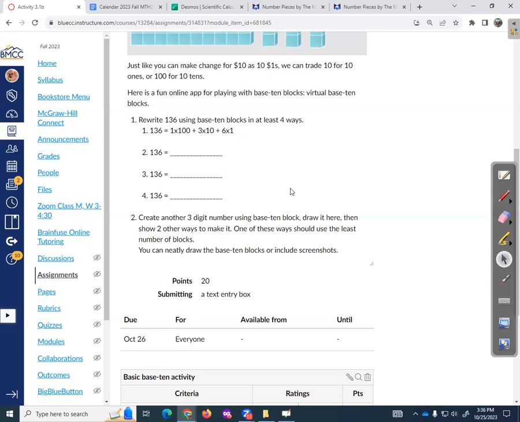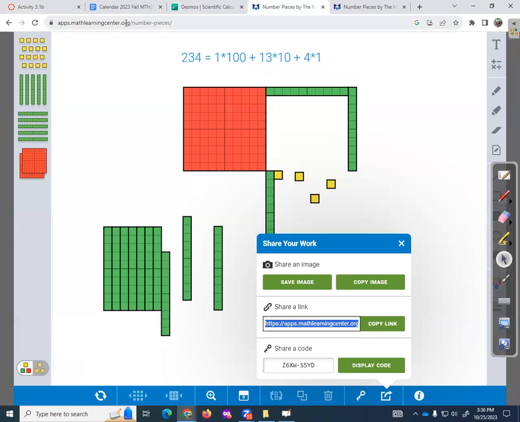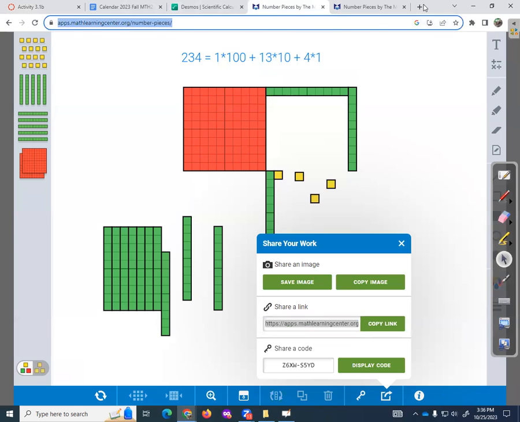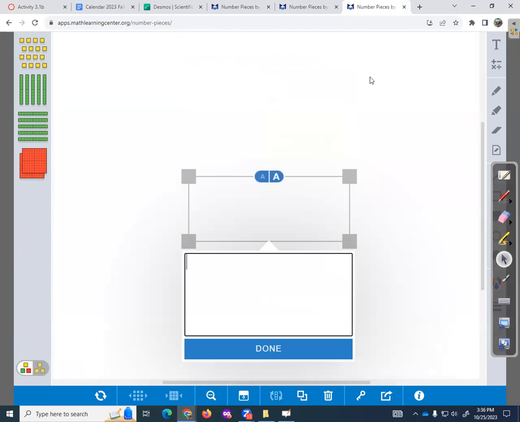Base 10 blocks. In this case, we have a 1 block, we have a 10 block, we have a 100 block. We're starting at the number 136. So I'm going to give myself a new screen to do this.